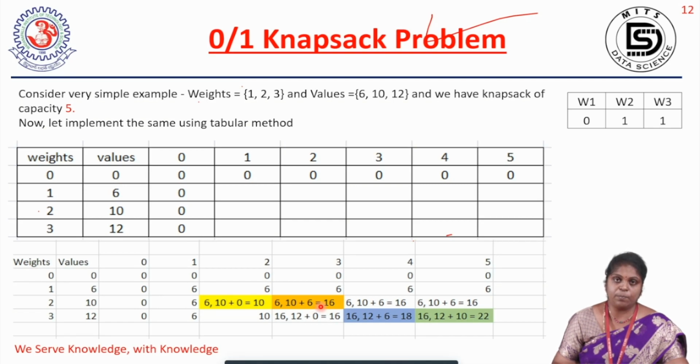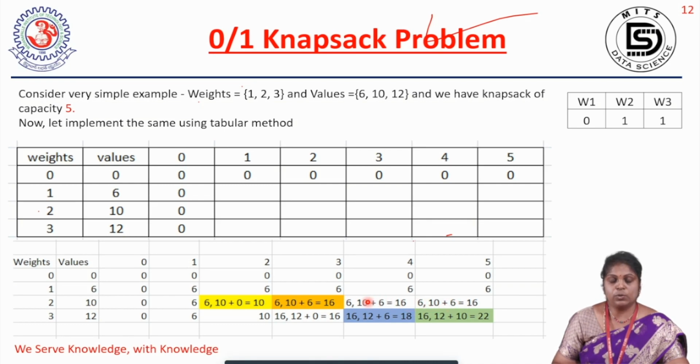If I keep both items, because item 1 weight is 1 and item 2 weight is 2, 1 plus 2 will be 3 kg. So in the 3 kg bag, I can keep both. Item 1 profit is 6, item 2 profit is 10, so 6 plus 10, I'll get 16. Similarly, the 2 comma 3 entry is 16.